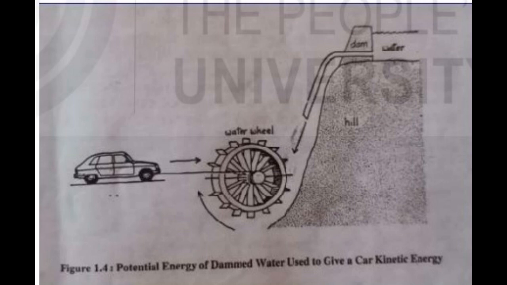In turn, the rotating shaft can drive a generator, which produces another form of energy, electricity. This complete energy conversion system is the basis of a hydroelectric power station and is illustrated schematically in figure 1.5.